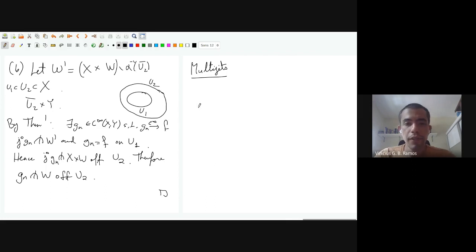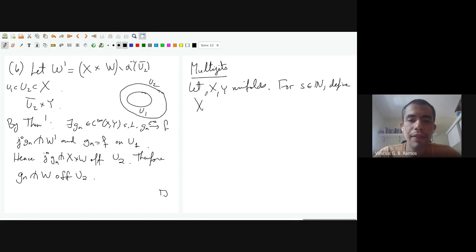Okay. So let X and Y be manifolds. And now we're going to talk about the set of s multi-jets. So for s in N, we're going to define, first of all, what I'm going to call the set of s points in X without repetition.